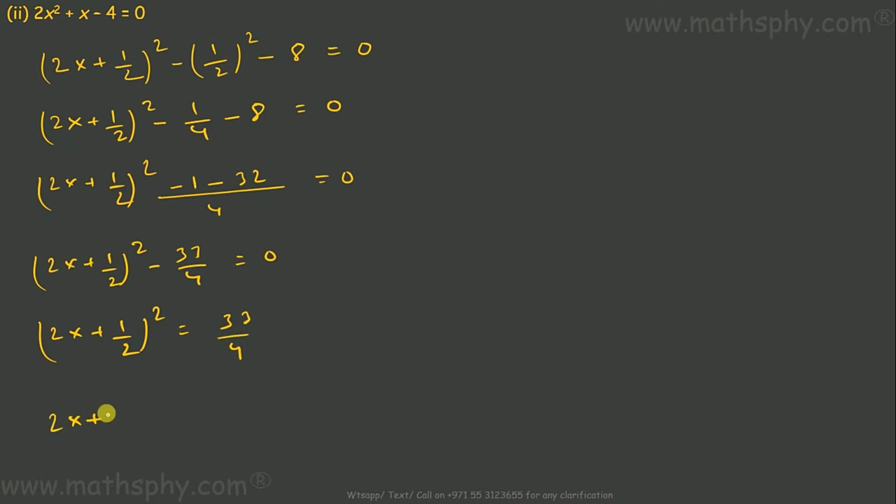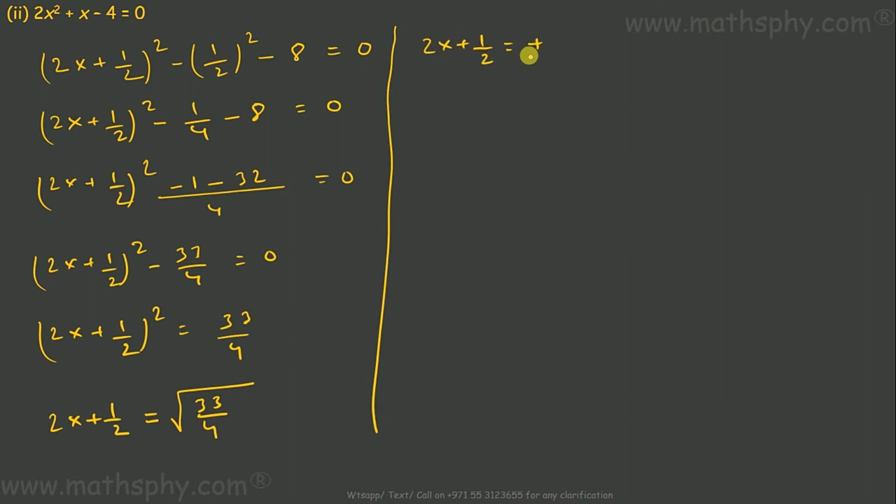2x plus 1 over 2. This square goes to this side, becomes a square root. So root of 33 over 4. So this will be 2x plus 1 over 2 equals to plus minus. 33 cannot be broken, so I keep this inside the root. Root 4 gives me 2. So positive, negative, root 33 over 2. So 2x would be root 33 over 2 minus 1 over 2.